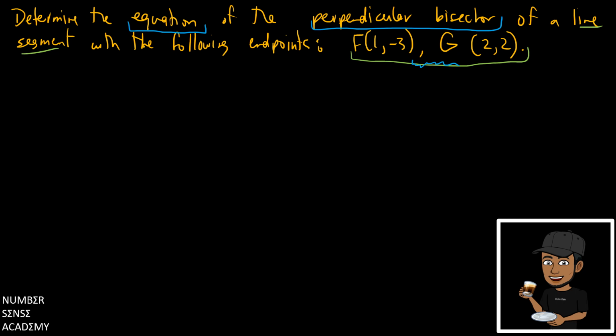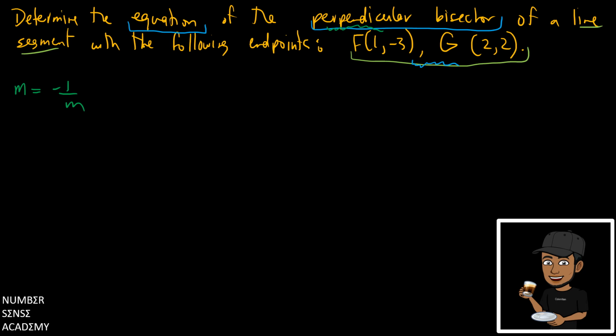So let me just write those down. So the first thing we're going to do, because of this word perpendicular, we know that we need the slope of the line, right? And then that's going to help us get the negative reciprocal, which is going to be the slope for the equation of the perpendicular bisector.